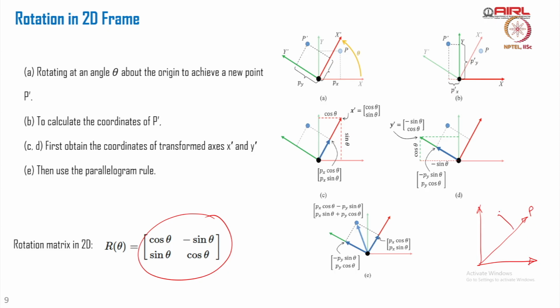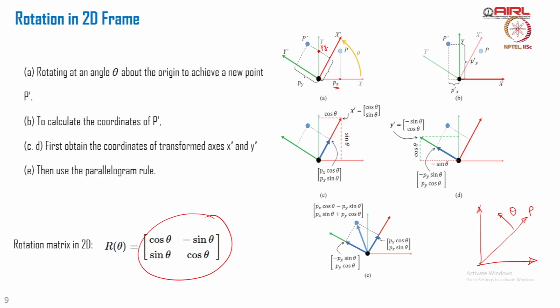We rotate it by an angle theta. Now the highlighted axis which you can see is the rotated axis. So the point is rotated and accordingly we get a new axis, x bar, y bar. Initially the coordinates of point P were px and py, so this point is py and this is px.